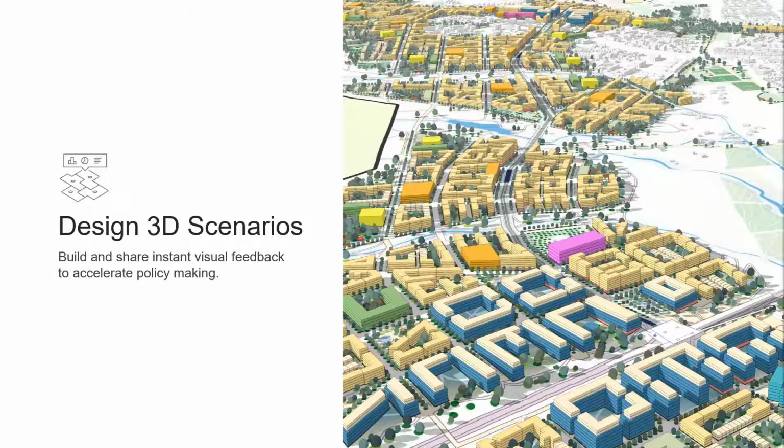And the impact of zoning change and development can then be analyzed with automatically generated capacity indicators, like, for example, new housing units. And this is an image of Uppsala, Sweden's plan to add 33,000 new housing units, visualized and analyzed using ArcGIS Urban.